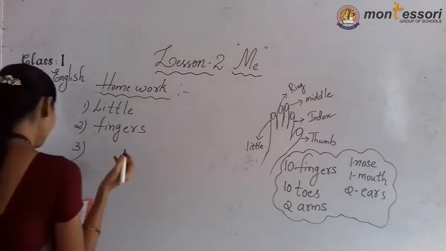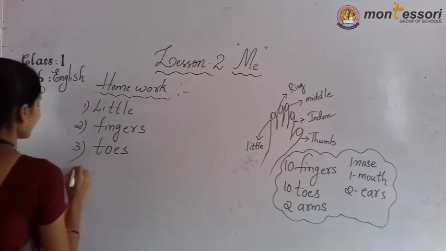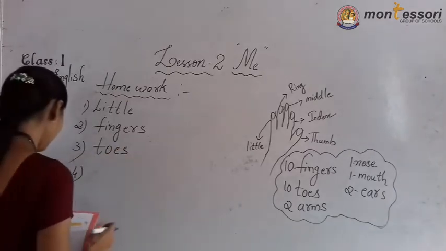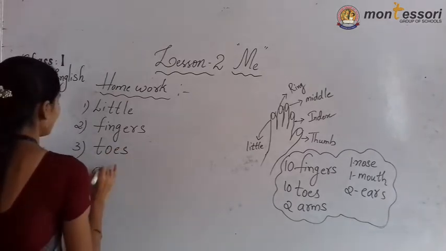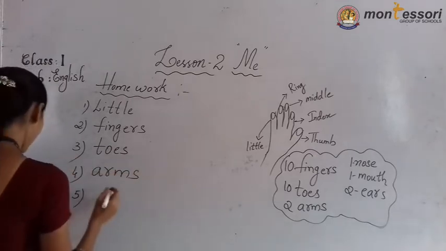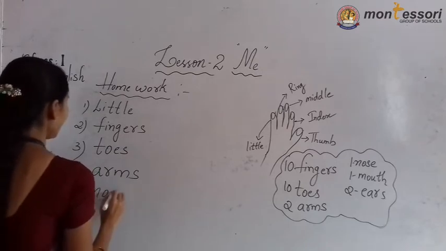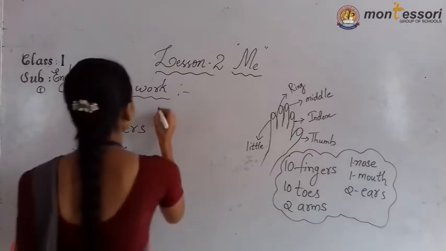Third one, T-O-E-S, toes. Fourth one, A-R-M-S, arms. Fifth one, N-O-S-E, nose.